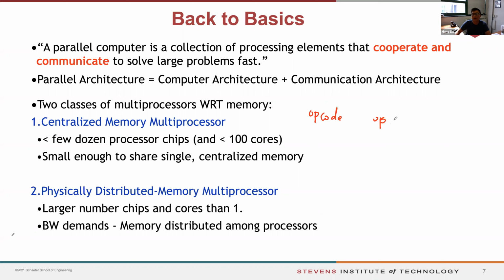Opcode is the instruction operation. Operand is data. One CPU only has its cache of tens of megabytes. It definitely cannot hold even typical data, like your photo, which is 30 megabytes or even larger. So one cache typically cannot hold the data.